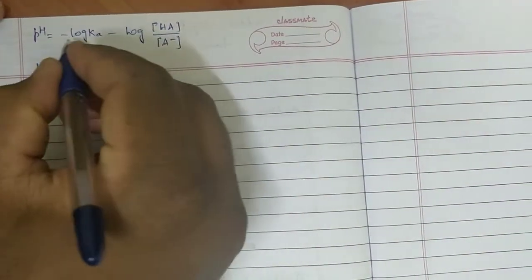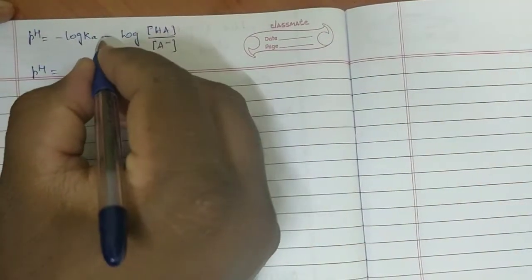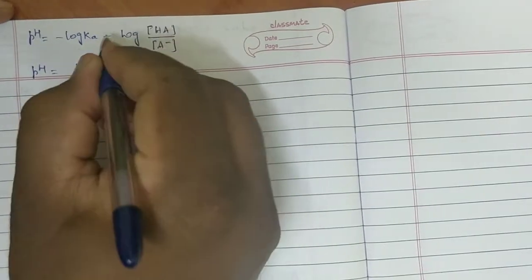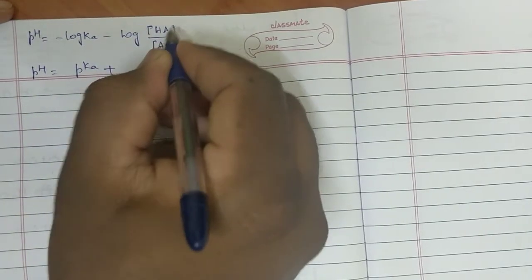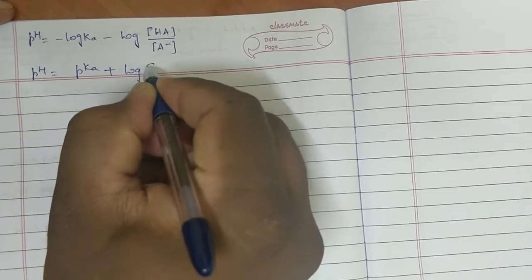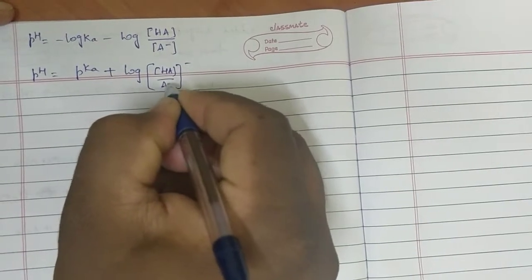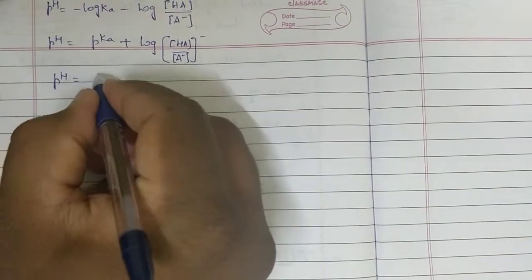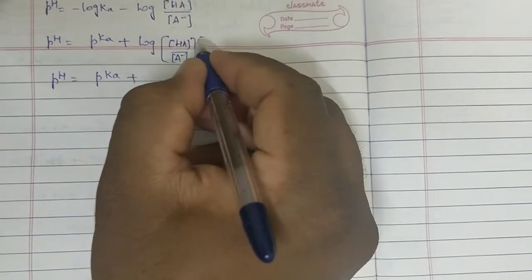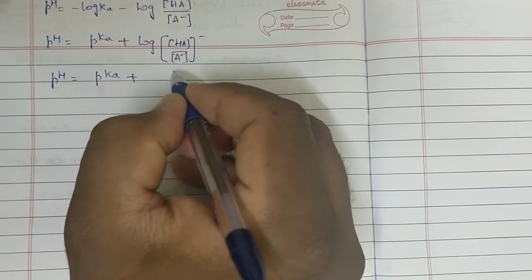pH is equal to negative logarithm of Ka, which is called pKa. This minus I am bringing inside, and it becomes plus only. I am bringing this minus inside, then it becomes log of concentration of HA divided by A minus, to the power minus 1.